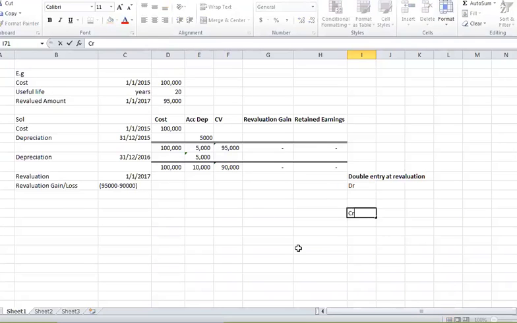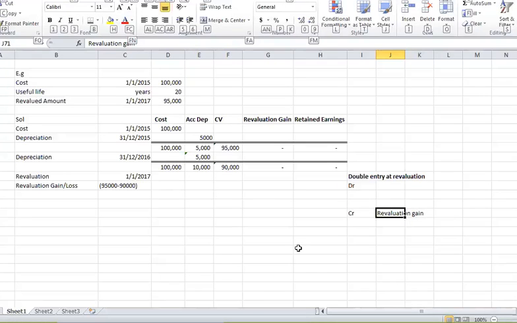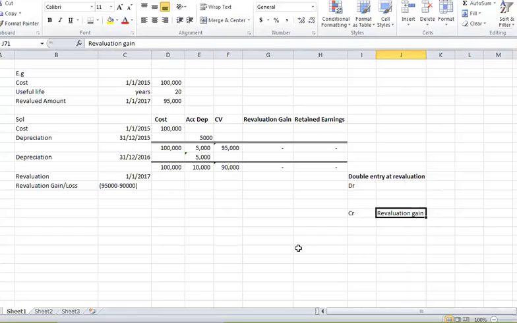The very first entry would be revaluation gain. Whenever there will be increase in income, obviously, as you all know, whenever there will be increase in income, we will pass credit entry. So increase in income will always be credit. So there is an increase in income by £5,000.